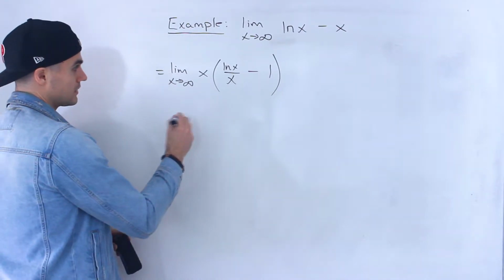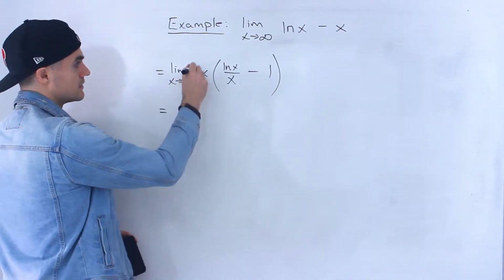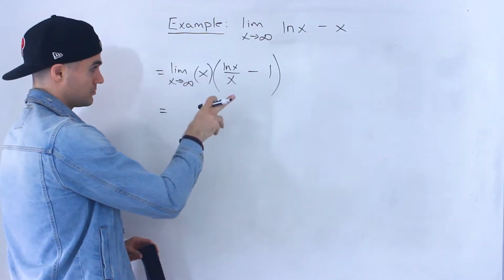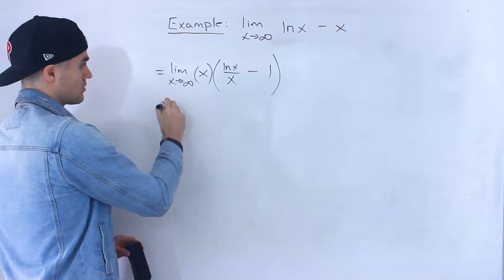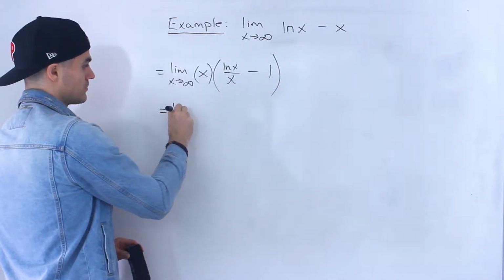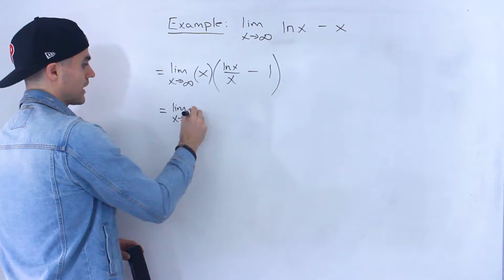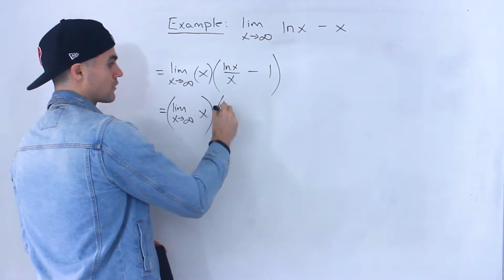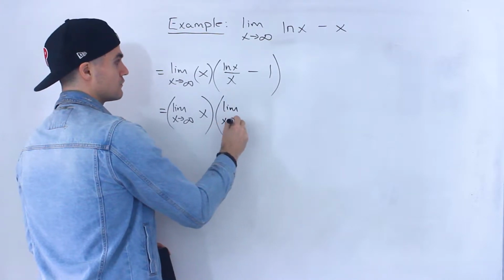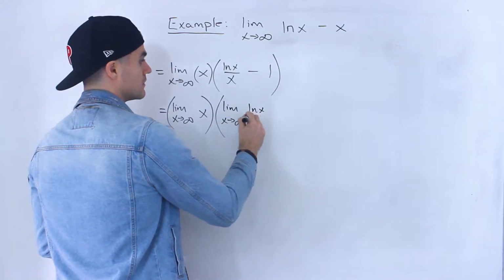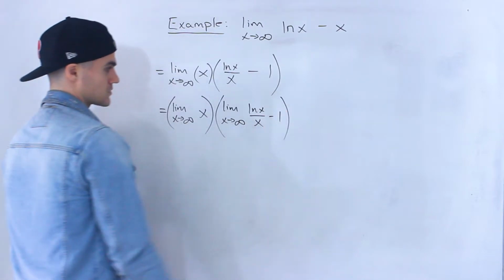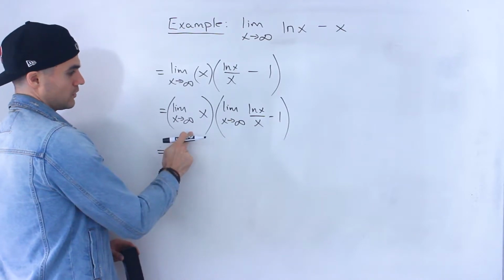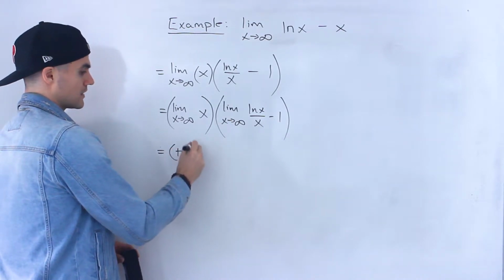So what you want to do here now is notice you got two expressions that are multiplying by each other. So what we can do using properties of limits is we can split these limits up. We could have the limit as x approaches infinity of x, and then we could have another limit as x approaches infinity of ln x over x minus 1, like that. And then from here, we know this is going to go towards positive infinity.